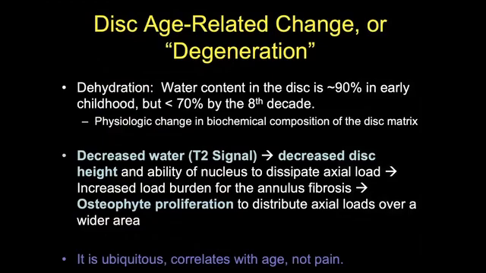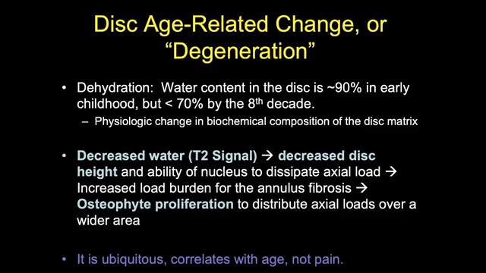So when we think about disc age-related change or degeneration, we talk about this so-called dehydration effect. There's a water content in the disc of closer to 90% in early childhood, but less than 70% by the 8th decade.